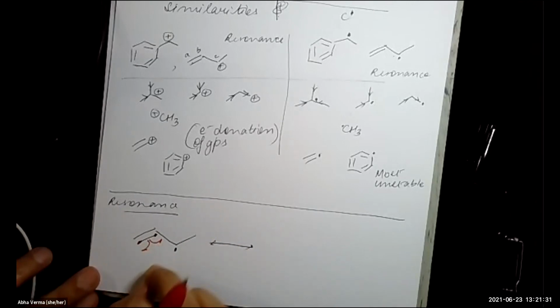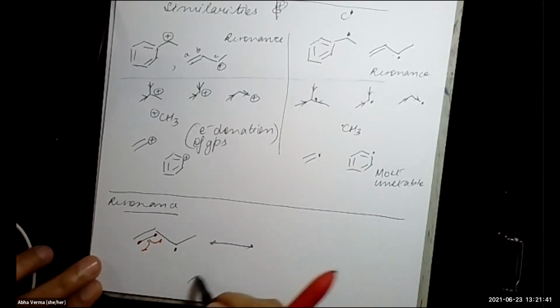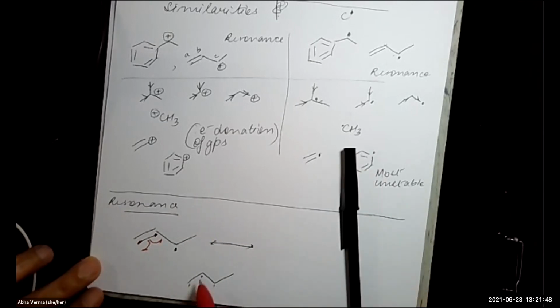Any questions so far? What did I do? I just split these paired electrons, and now I'm going to make unpaired electrons. This is not something that you will see forming, but just imagine something like this. Instead of making a bond between these two, this electron wants to come here.